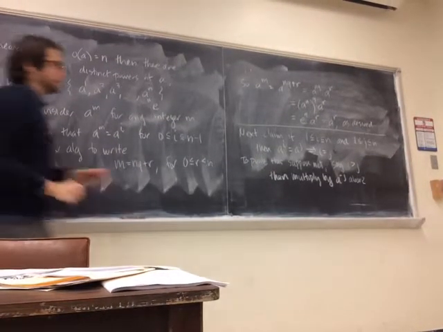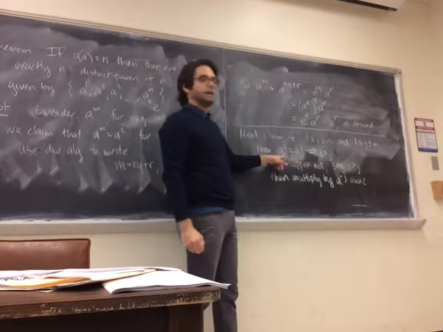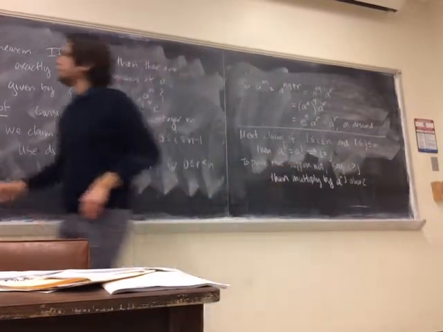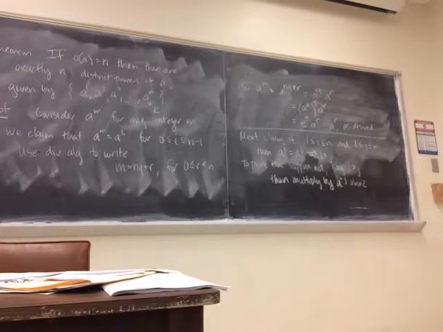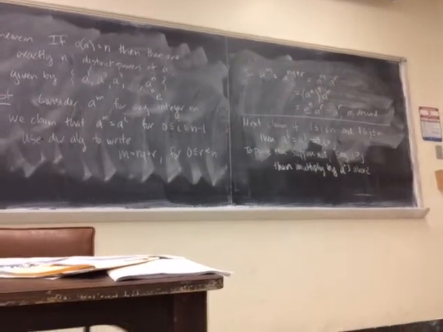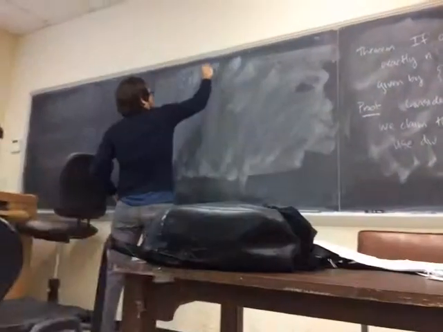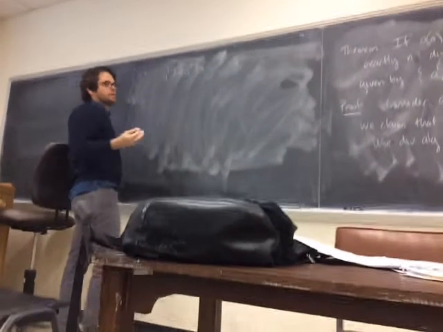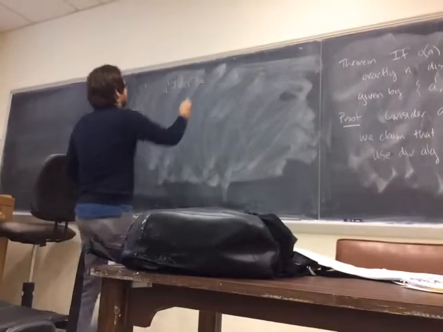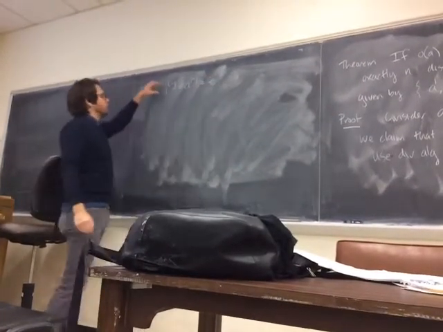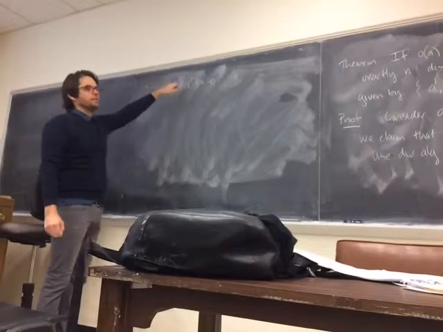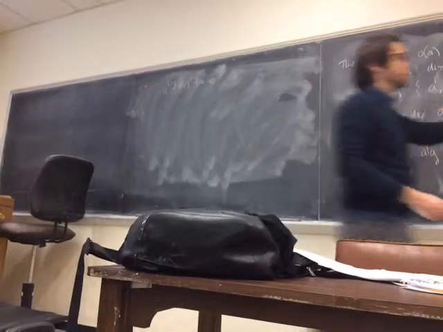Okay, so if I take this equation here and hit it with a to the minus j, I get a to the i minus j equals a to the j minus j, which is what? What's a to the j minus j? Identity. But look at this now, I've got a to the i minus j equals the identity, and i and j are both less than n and bigger than or equal to 1.